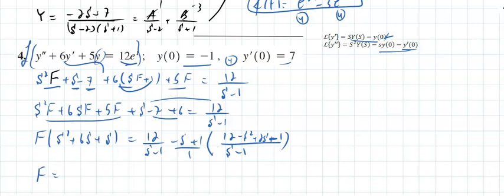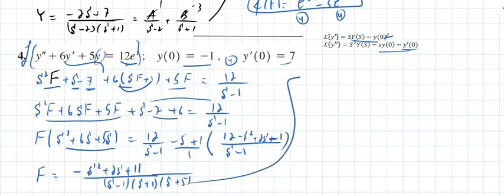So we're talking about negative s squared plus 2s plus 11 over s minus 1. And when I divide by this, and there's a 5 there, that will be s plus 1 times s plus 5.